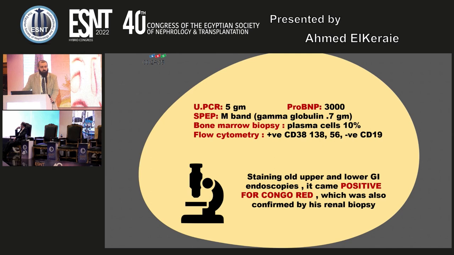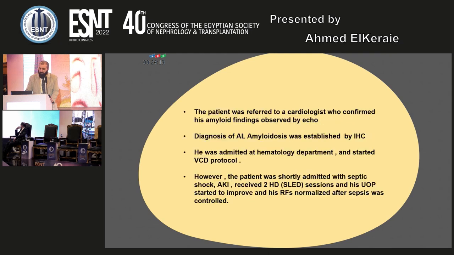The old GIT biopsies were stained with Congo red and were positive, and the diagnosis was confirmed by a renal biopsy that was done before the Congo red result was out. The patient was referred to the cardiologist for an ultrasound, which showed typical amyloid findings.